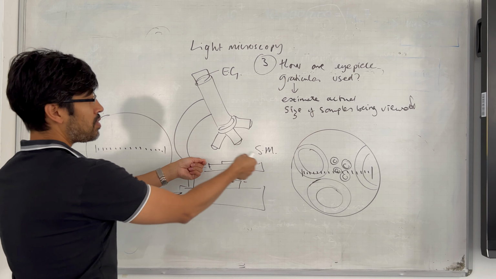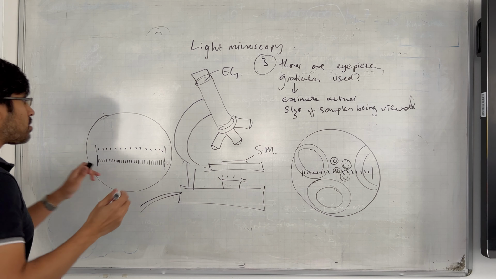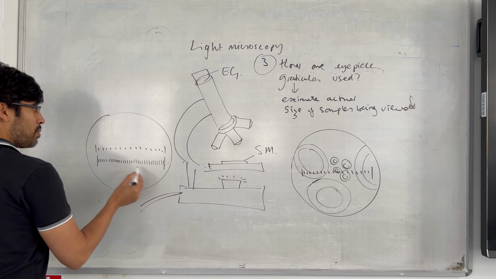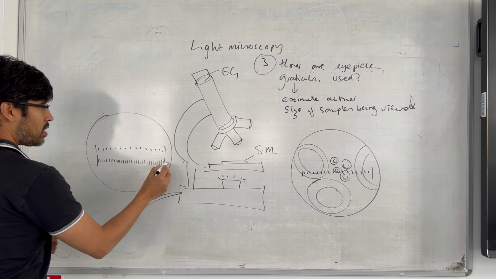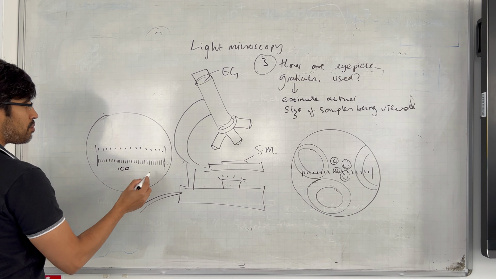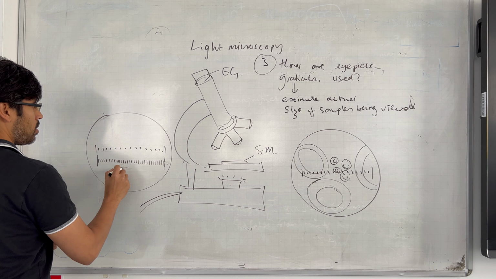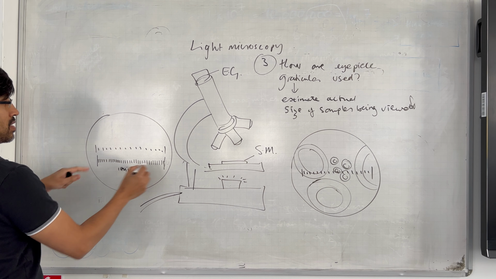I put the stage micrometer there, and the stage micrometer might look like that. The stage micrometer is always 1 millimeter, and there's always 100 divisions, right? So there's 100 divisions here on the stage micrometer, and they represent 1 millimeter in total, so from end to end.